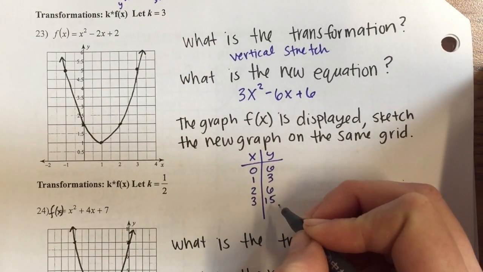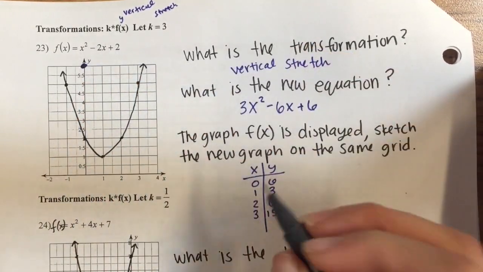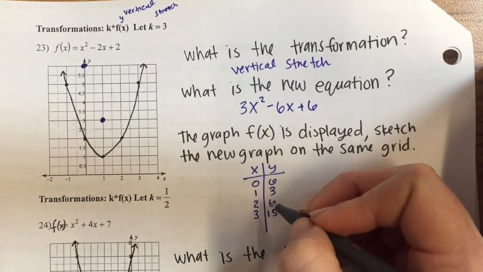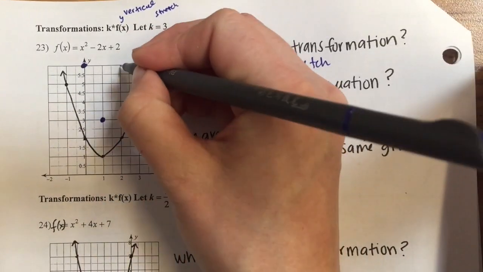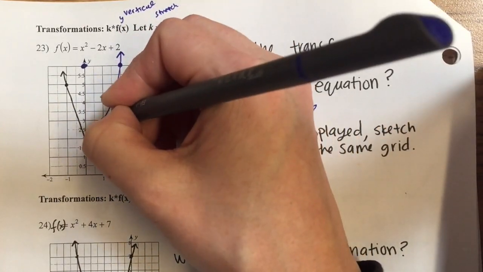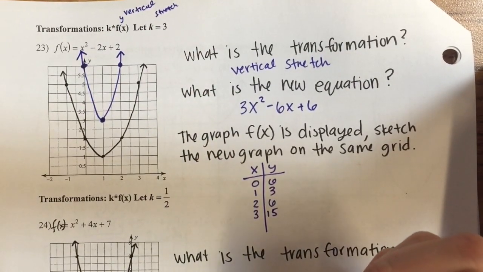So that starts to go off my graph. I have 0 up 6, 1 up 3, 2 up 6. And that would be my vertical stretch.